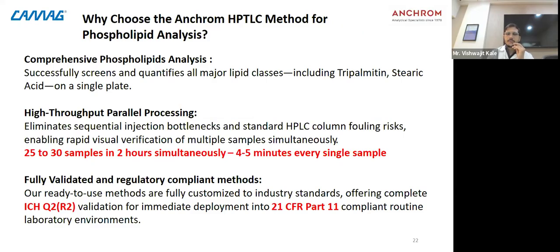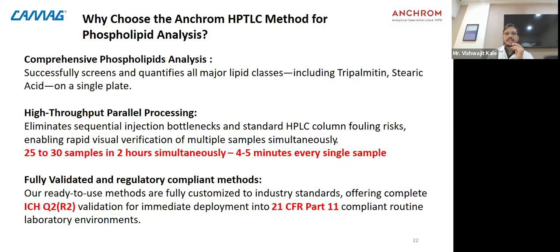Because it is useful for comprehensive phospholipids, successfully screens and quantifies. It is not only for screening, for visual observations, it further quantifies all major lipid classes, including tripalmitin, stearic acid, and other non-polar lipids also. High sample throughput, parallel processing: 25 to 30 samples we can carry out in 2 hours simultaneously. So only 4 to 5 minutes are required for every single sample analysis.